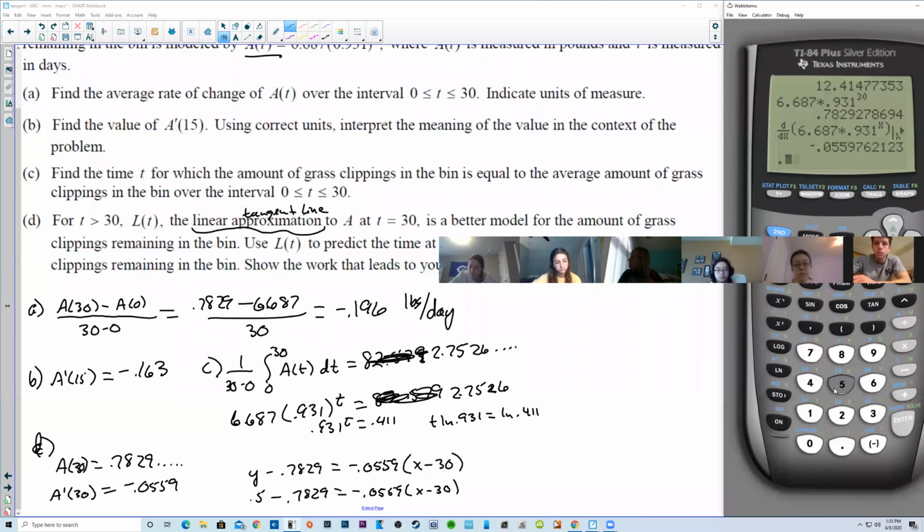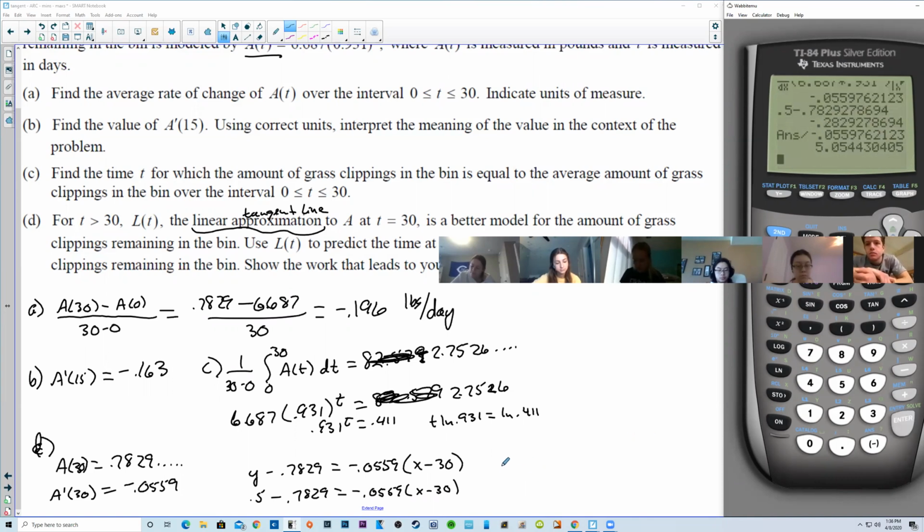So I have 0.5 minus this value up here, divided by this number right here. Yep.